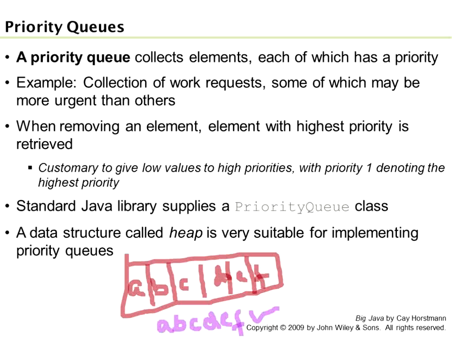Why? Because we will assign priority to these elements. Okay, suppose I assign priority 1 to C, then priority 2 to E, and 3, 4, 5, and 6. Now tell me what will be the order when we will remove these elements.